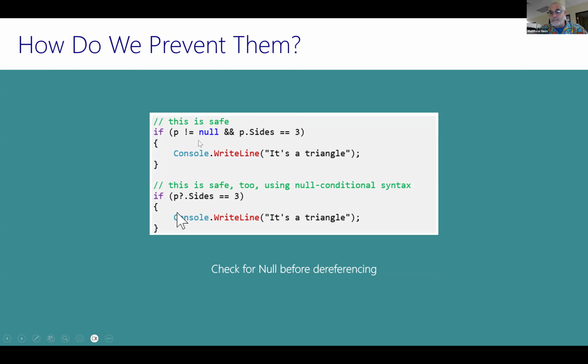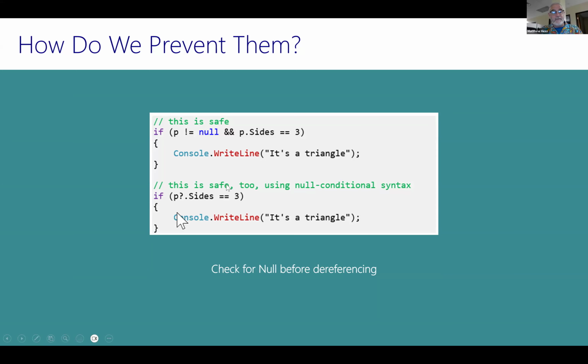If p?.Sides equals 3, that works also because this null conditional operator, the question mark right here, says only evaluate what comes after the dot, only dereference it if it's not null. So that's the basic technique, right? You check for null before dereferencing, before using the variable. We all learn how to do this.